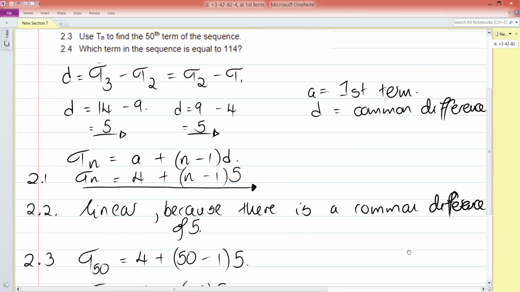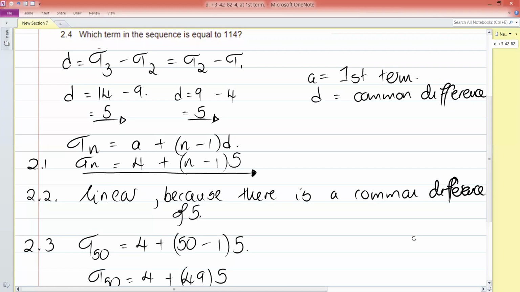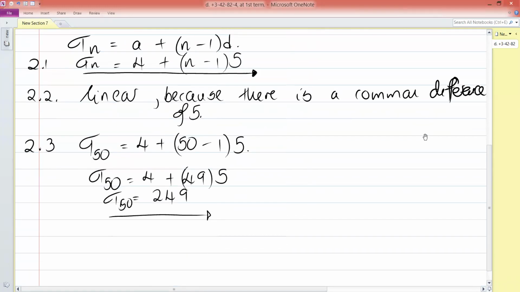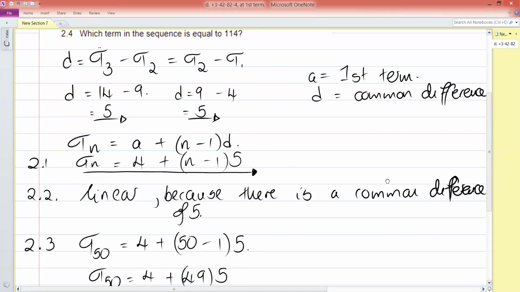Then, which term in the sequence is equal to 114? So they've told us that there's some value Tn, which is equal to 114. They're asking us to work out which term in the sequence.